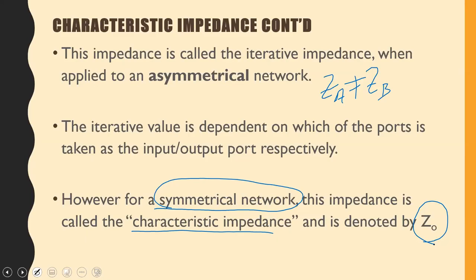This is known as the iterative impedance. And of course, that value will be dependent on which port I use as the input as against the output.